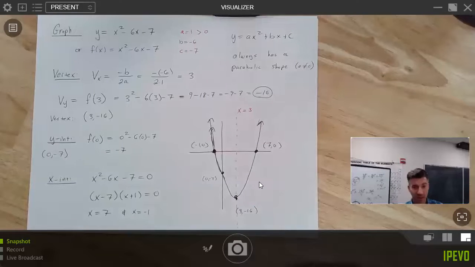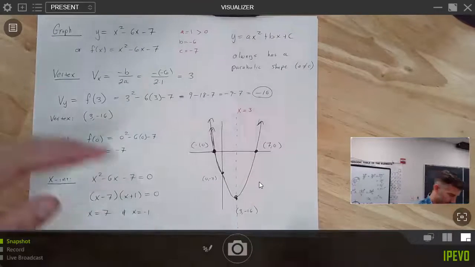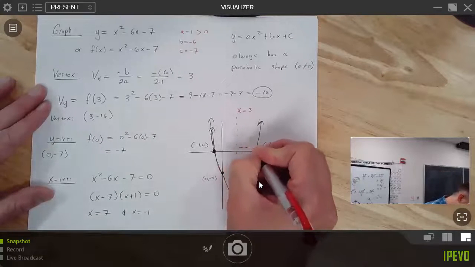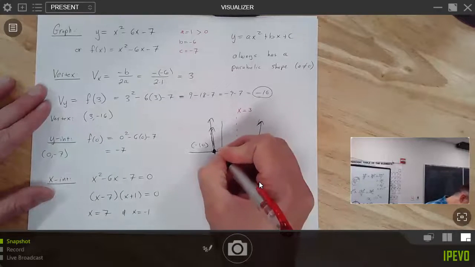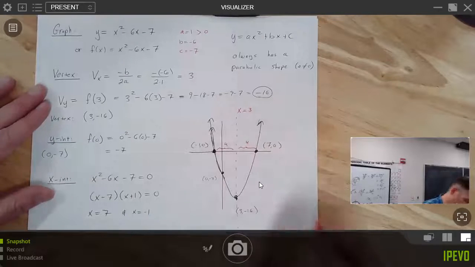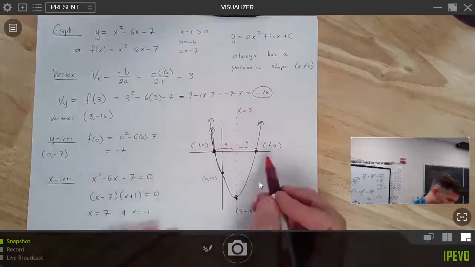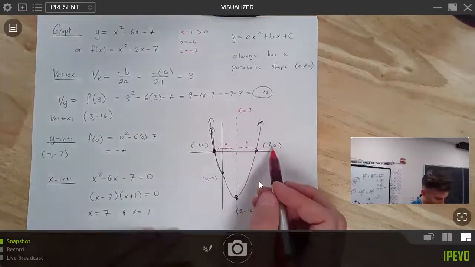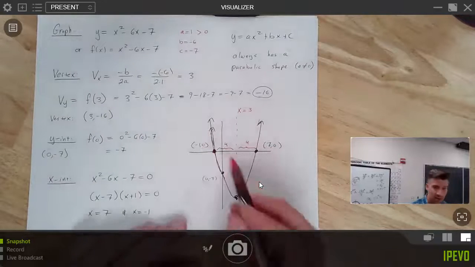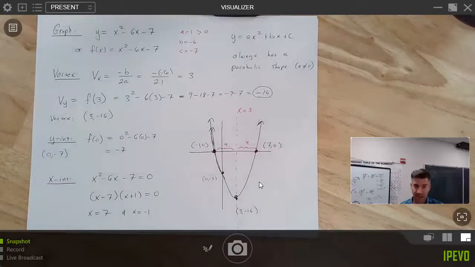I don't really care so much about that, but what I want you to see is that if there are x-intercepts, they are equally distant from the axis of symmetry. And that is always going to be true. The axis of symmetry is going to split it right down the middle. So if my x-intercepts are 7 and negative 1, then the middle of that is going to have to be 3.